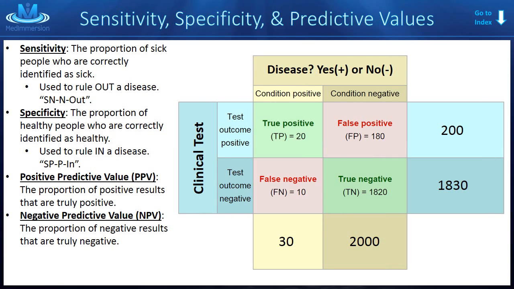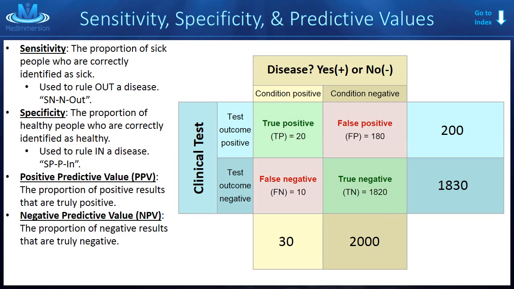Now on to the sensitivity and specificity and the positive and negative predictive values. Starting first with sensitivity. The sensitivity is that proportion or that percentage of sick people who are correctly identified as sick by the clinical test in question, in this case the fecal occult blood test.